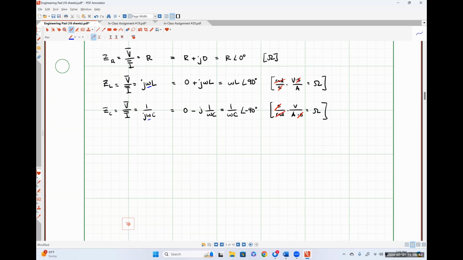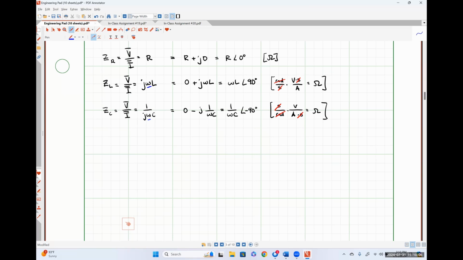What would the impedance of an inductor look like when omega is very close to 0? Infinity? So I think J times 0 times L is probably 0.